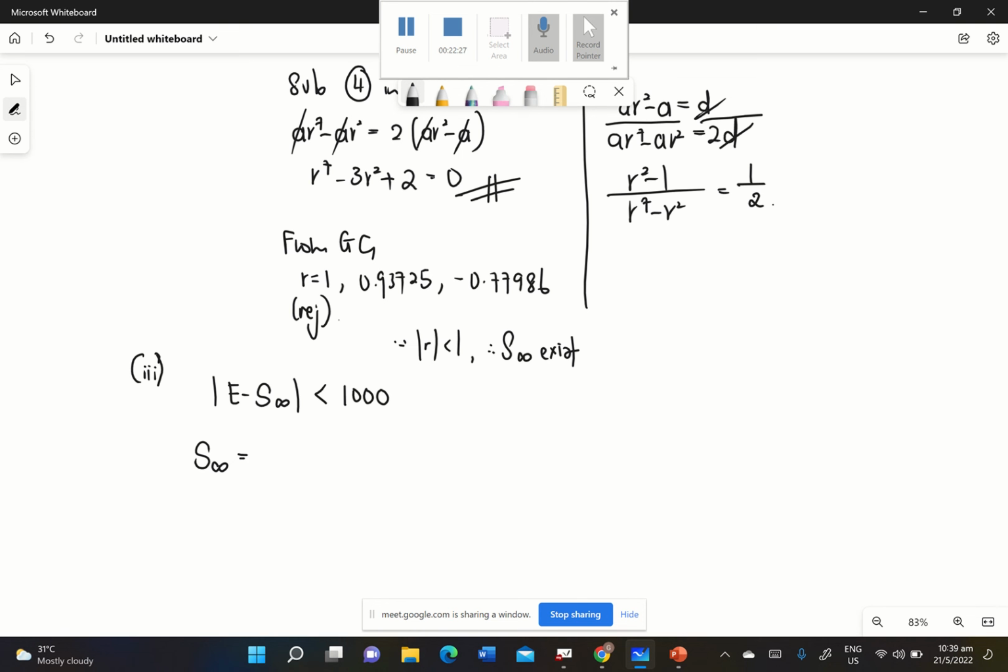They said r is the positive value found in part 2, so r is your 0.93725.